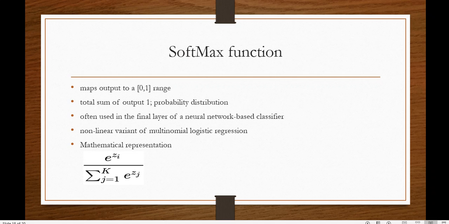So why in the final layer? Because this function can help us decide in which particular class my input should be put.